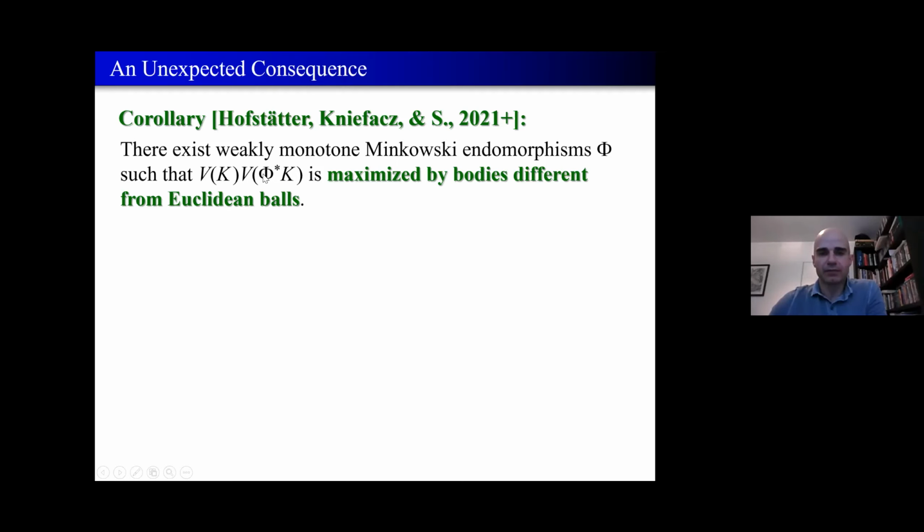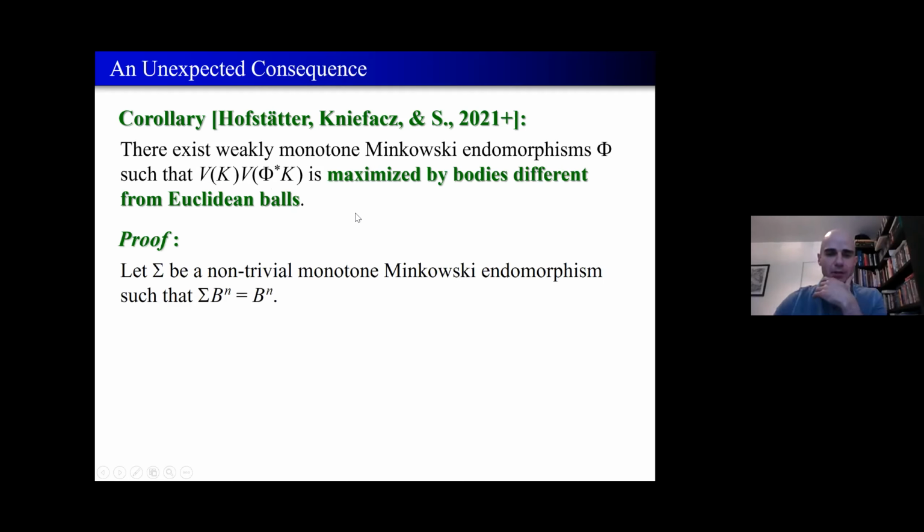And here we have many examples now where the family includes maps which lead to extremals that are different from balls. And the proof is quite simple. So I'm going to give you the proof of this little corollary.